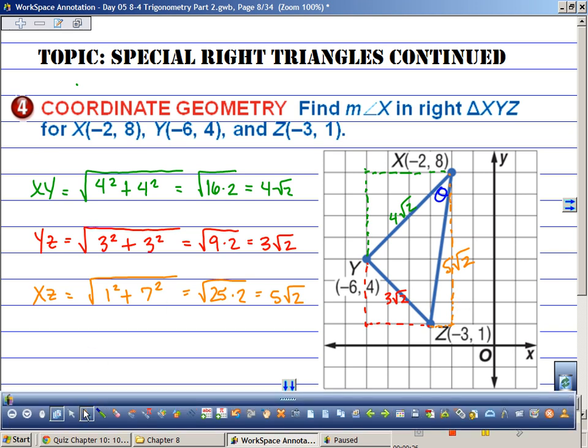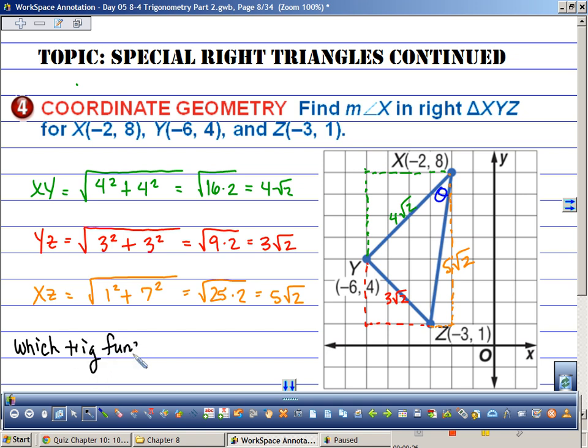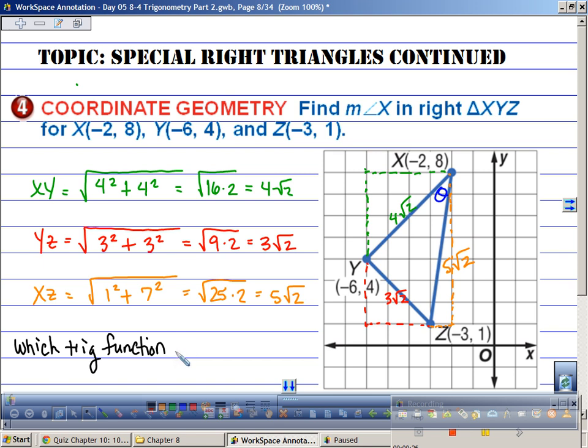All right, so which trig function would you like to use? We're trying to find this angle right here.